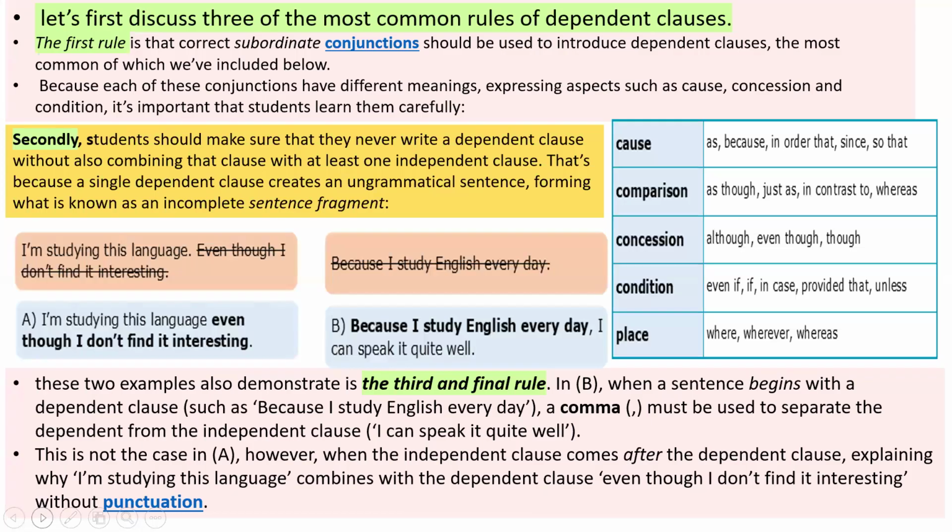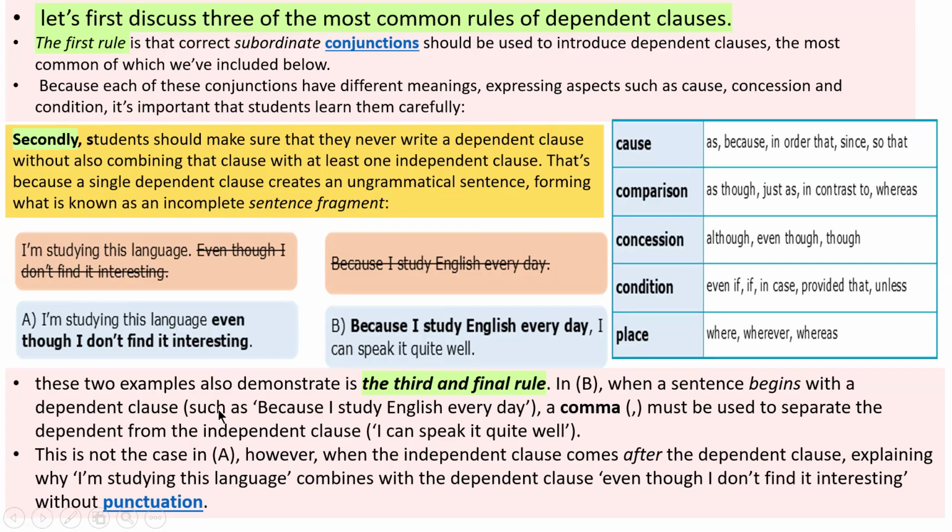Now the first very important rules we are going to learn about dependent clauses are given on one slide. Kindly listen, read and note it down very carefully, to avoid common errors in your sentences. The first three rules: the first rule is that the correct subordinating conjunction should be used to introduce dependent clauses, the most common of which we have included below.